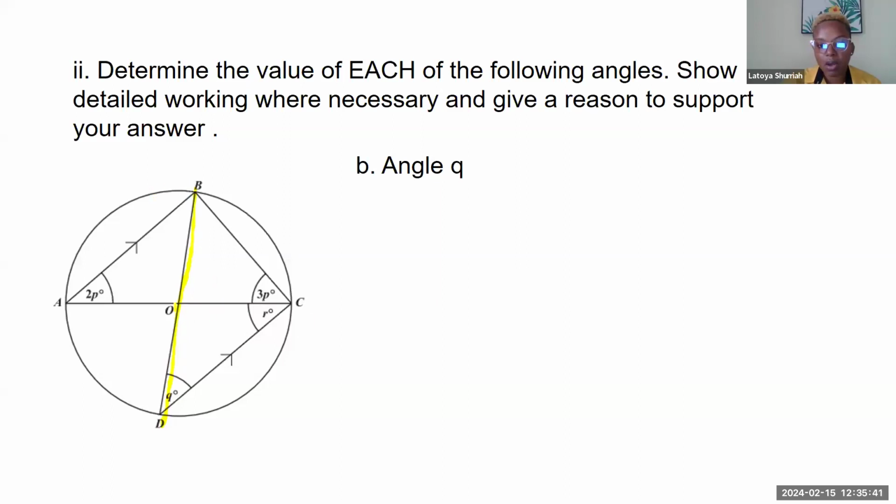So if BOD is the diameter, is angle Q formed from the diameter? I need somebody to answer that question. Are both arms of the angle subtended from the diameter?